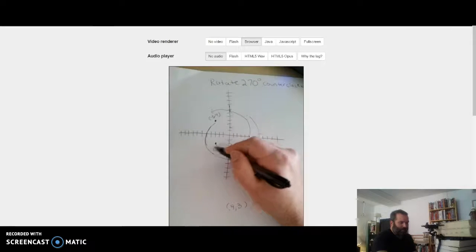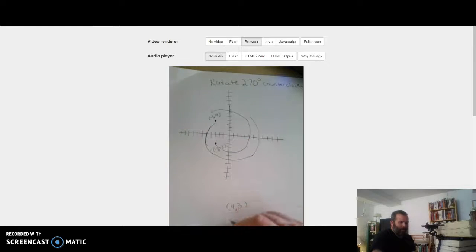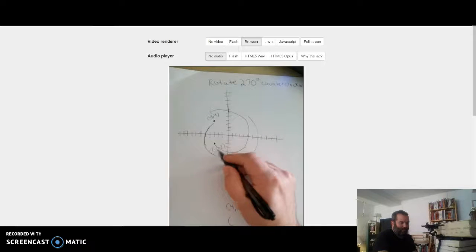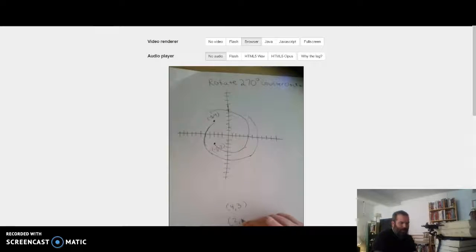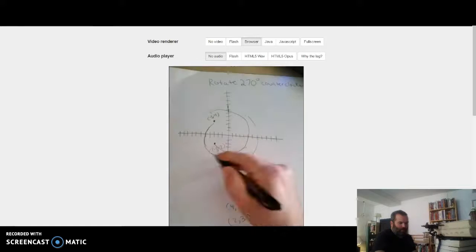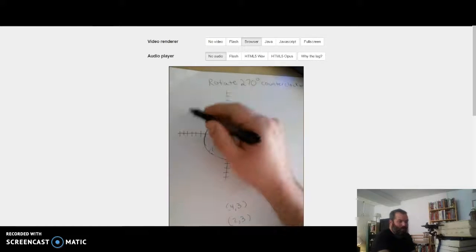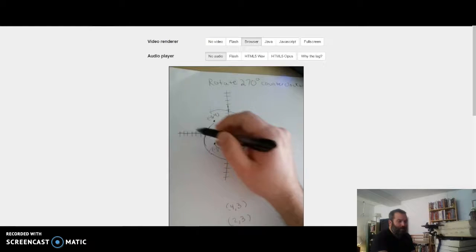And look at our point. We have -3, -2. Again, we ignore the negative signs and we flip the numbers. So instead of -3, -2, it's going to be 2, 3. Again, just drop the negatives. And now we ask ourselves, where are the negative signs going to be? Well, if I look at this quadrant here, I know the point's going to be in this quadrant.